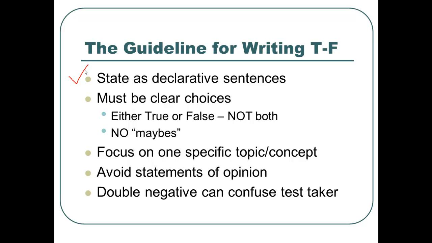We can come up with all kinds of examples of that. The sky is blue. The length of a day is 24 hours. Those are declarative kinds of sentences. That's the way we want to write our true-false tests.